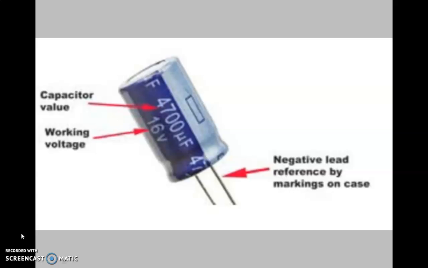Reverse polarity will cause destruction of the oxide layer, and that leads to failure of the capacitor. The third reason is over temperature. Excess heat will dry out the electrolyte and shorten the life of the capacitor. These are the three reasons because of which the capacitor will get damaged.